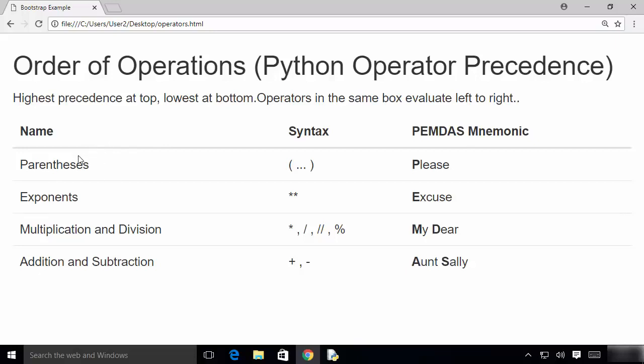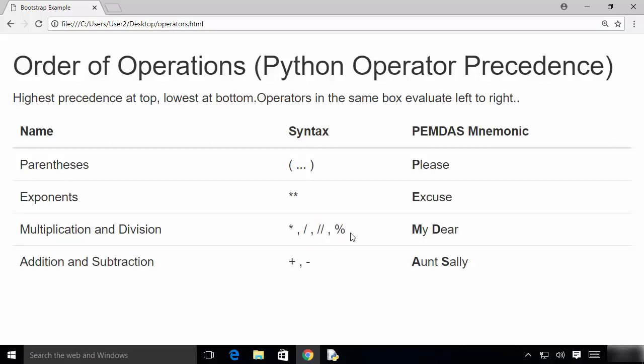In this table, the highest precedence is at the top and the lowest is at the bottom. That means parentheses have the highest priority, then the exponents, then the multiplication and division operators have the same priority here, and at last the subtraction and addition have the same priority.